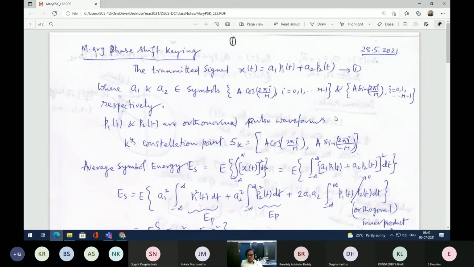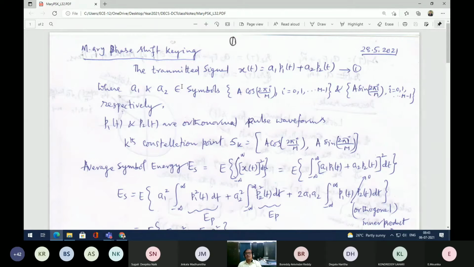So M-ary QAM is very important as compared to these three. Okay. Now we talk about M-ary phase shift keying. It is an extension of BPSK. Of course, I can say it's an extension of QPSK as well, wherein we are going to use two quadrature orthonormal basis functions, just like your QPSK, but the only thing is the symbols are different.